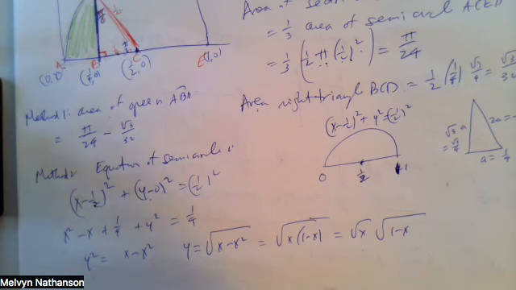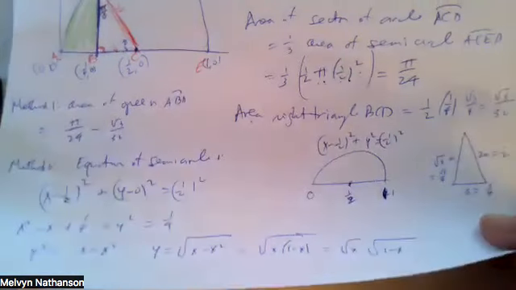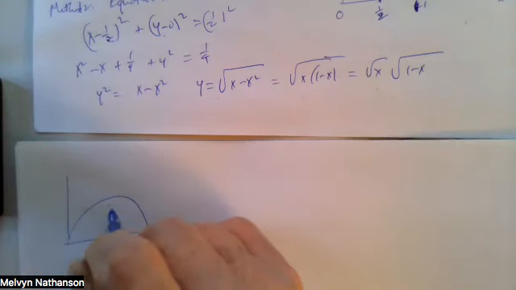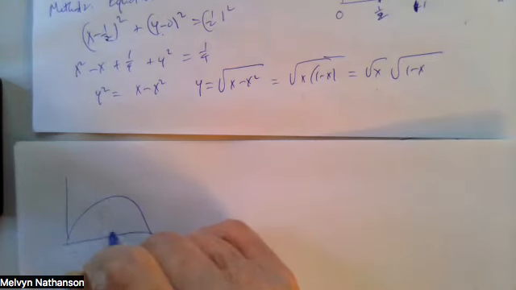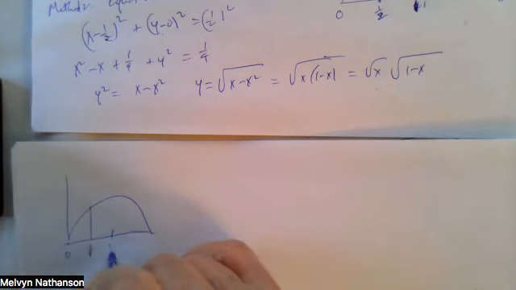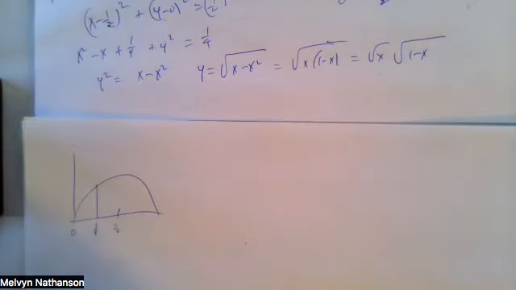Okay. So all of this is worked out in the same detail in the text. It's all there, and you should be looking at the text, of course. So let me just draw this picture again. 0, a fourth, a half. This is the semicircle.